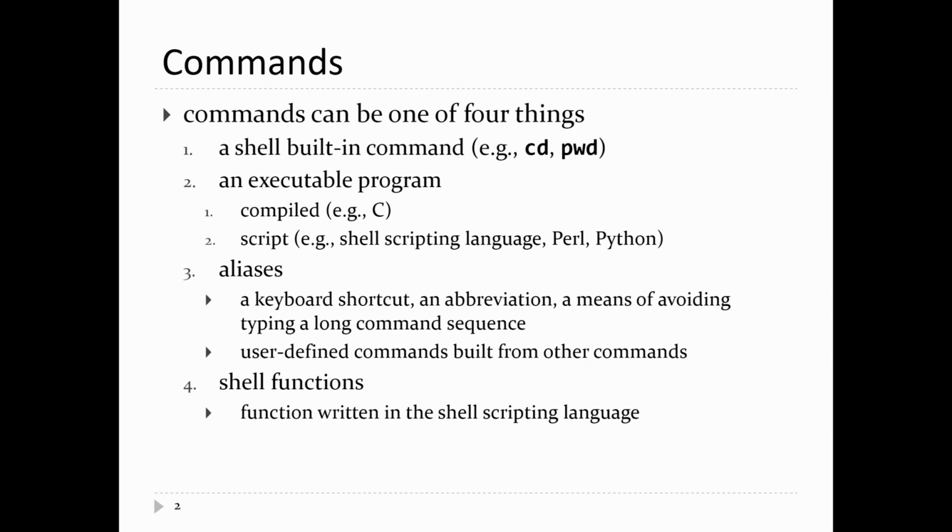If the location of the program happens to be known to the shell, then you can run that program from the shell directly. For example, the ls program is a program that's written in C that's been compiled and is runnable for your system, and so that's a command that's available to bash. So your shell can also run programs.